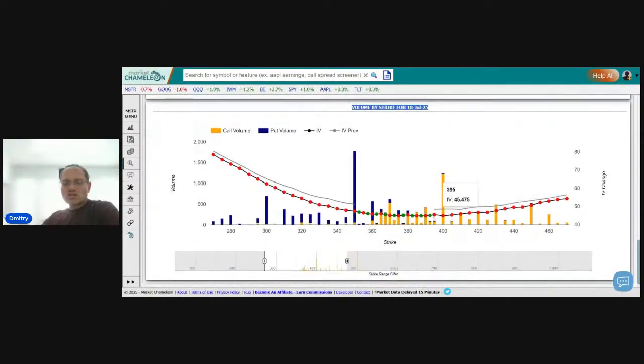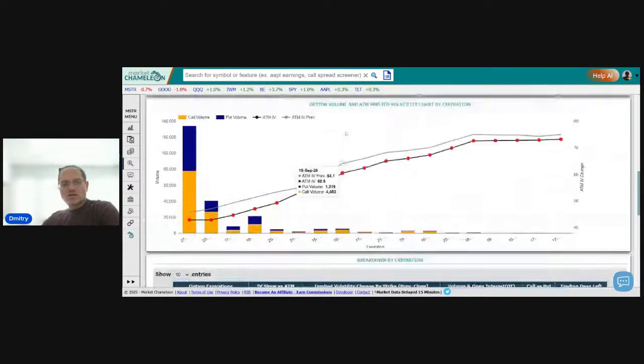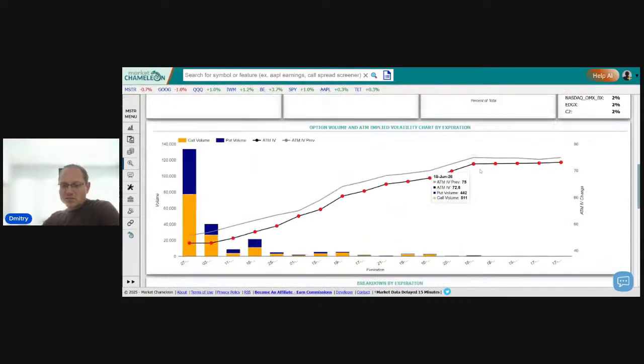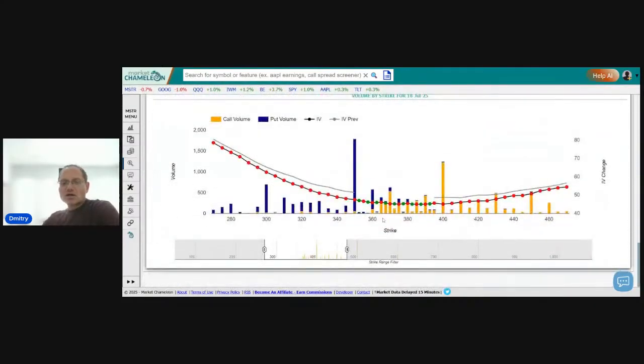And now we see the implied volatility skew, or the implied volatilities for each of these strikes. We know the stock is around 367, so that would be the money. 367 is like around here, let's say, or right there.